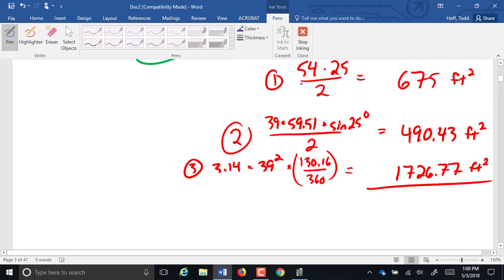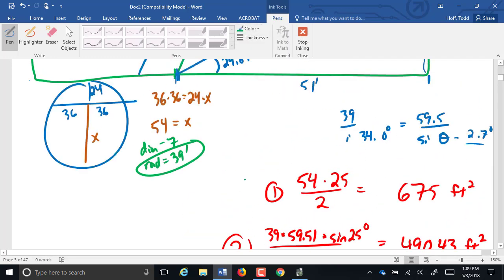So we add those up. You got what, 2892.2? Does that look right? So then what do we still have to do to that? We have to subtract.